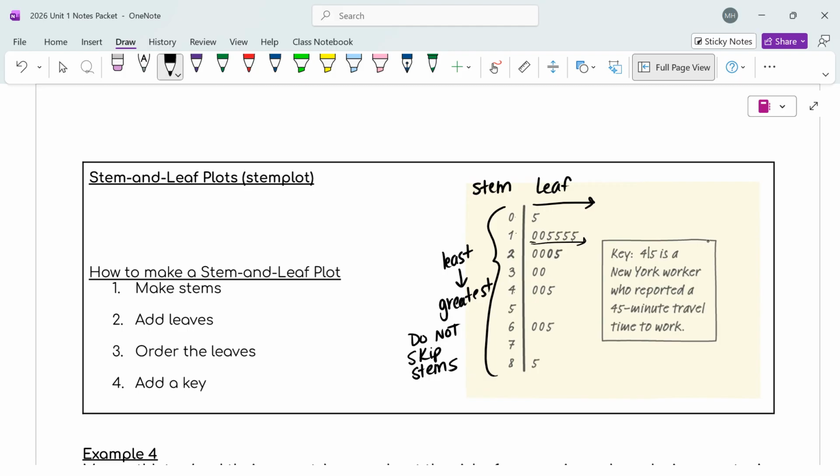And another important part is that there's a key. So in this case, for line 5, which is referring to this stem and this leaf, that is a 45-minute travel to work. So you could have a key that said for line 5 means 4.5. It could be for line 5 means 45.